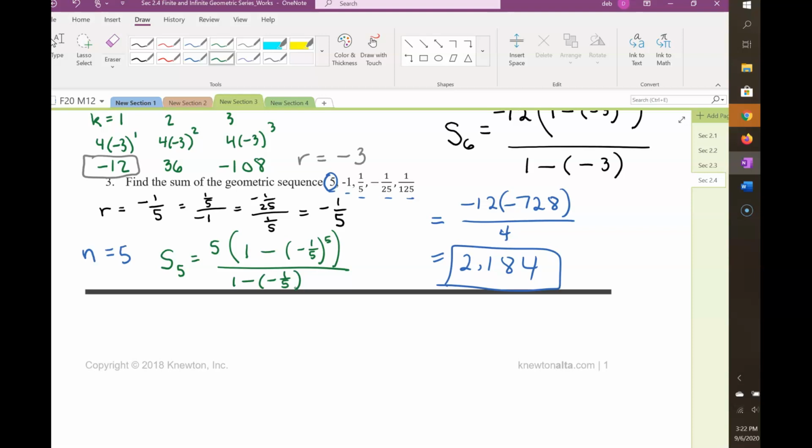Okay, so I'm going to do a little simplifying here. I'm going to show you what I'm doing, and you don't have to do this step, but you might want to think about doing something like this. So I'm going to have 5 times 1 minus, and it's a negative number when I do negative 1/5 to the 5th, so it's going to be plus 1 over 5 to the 5th power, over 1 plus 1/5.